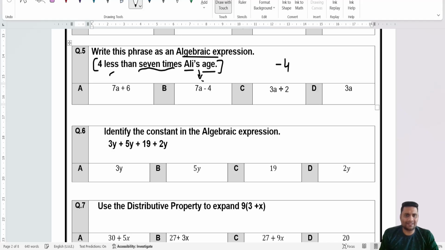Let's say Ali's age is A here. So 7 times Ali's age will be 7A. So here we are doing 7A minus 4. From 7 times Ali's age we have to do minus 4. So 7A minus 4 will be my algebraic expression. So option number B.